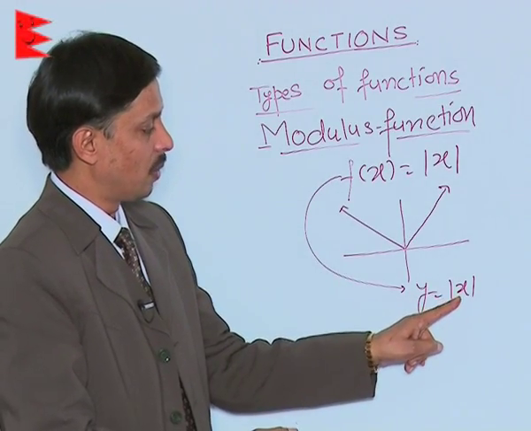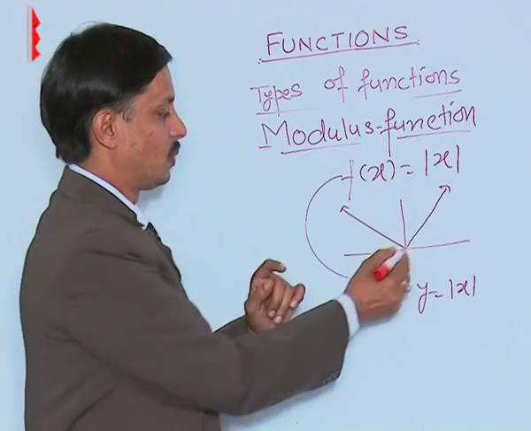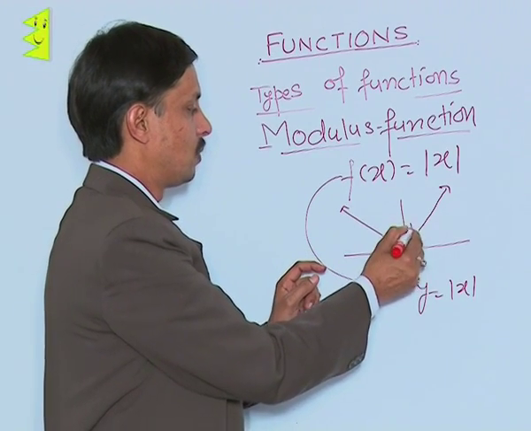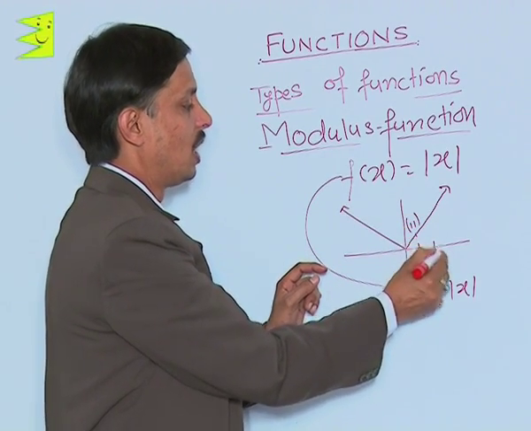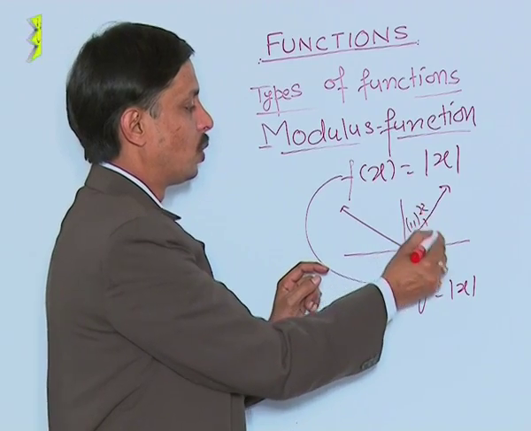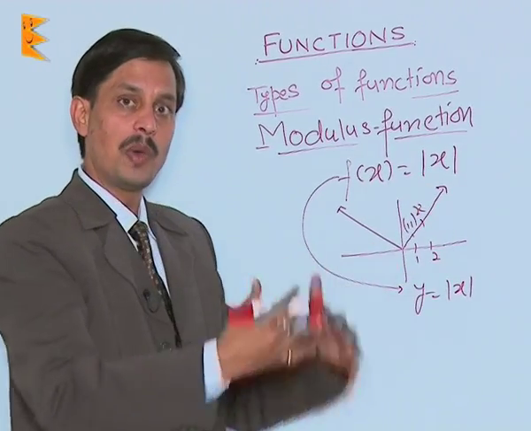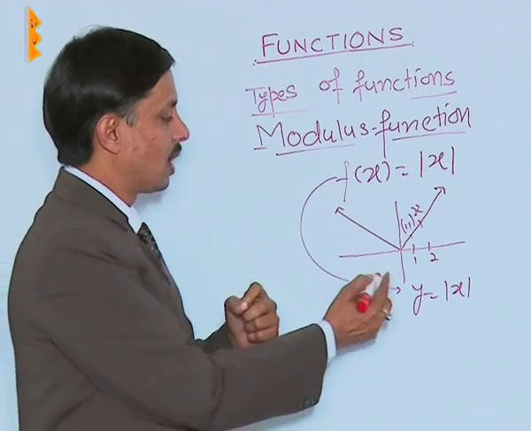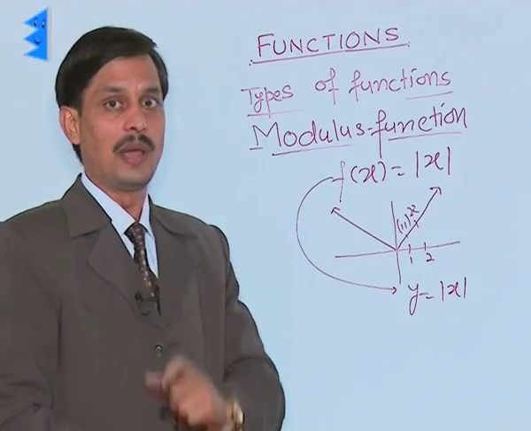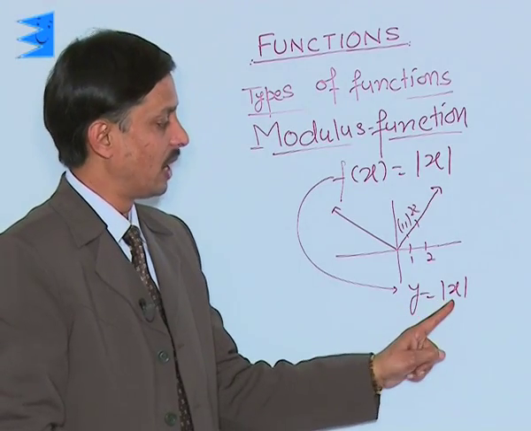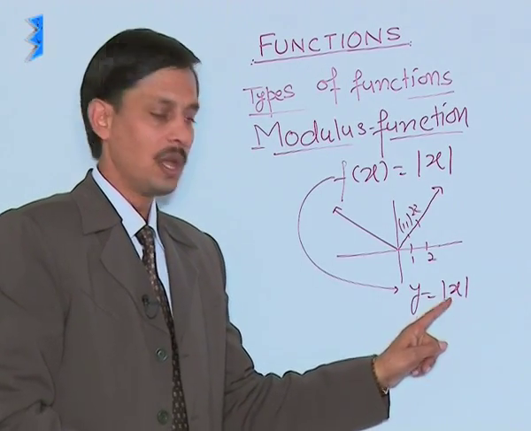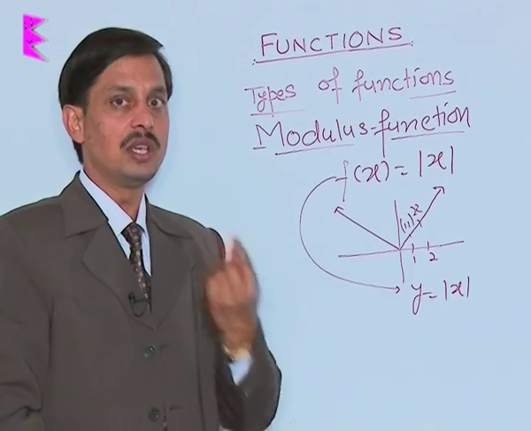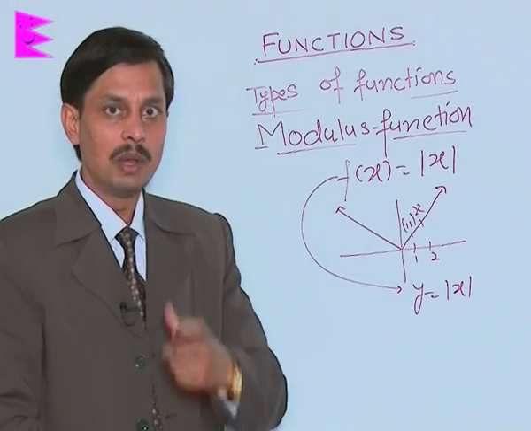So if I take x as 1, y is 1. For 1 it is 1. Similarly, if it is 2, then 2. Similarly, the values will go on and be equal. But if I take negative values of x, because x is in the mod, the net answer will be positive.